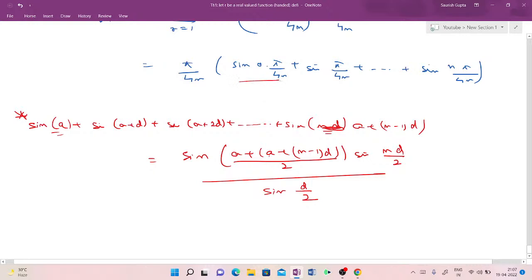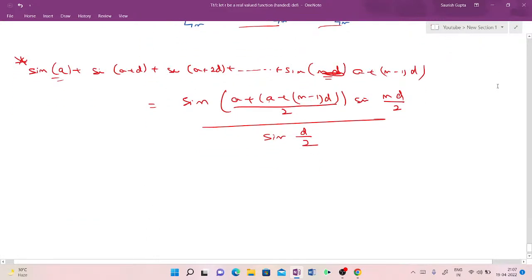Now see, this first term is 0, right? Sine of 0 is 0. So we take from here to here, and taking the first one into consideration, you are going to get n terms. Basically, this summation which you are getting in the LFP transforms itself into this. Let me change the color.